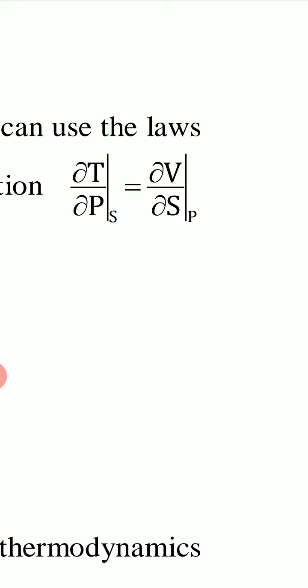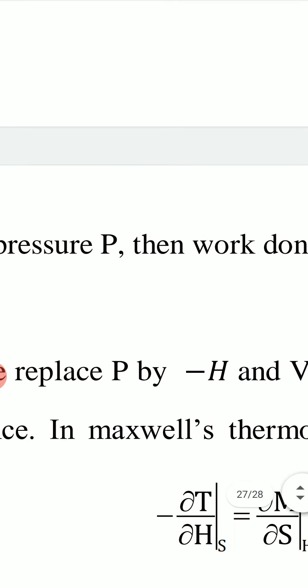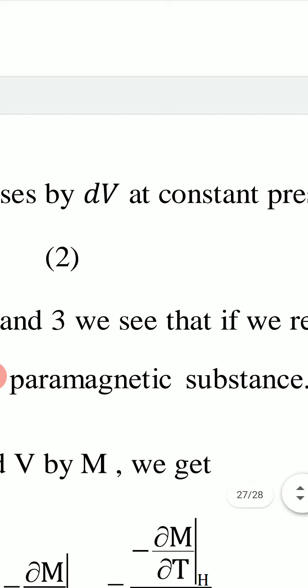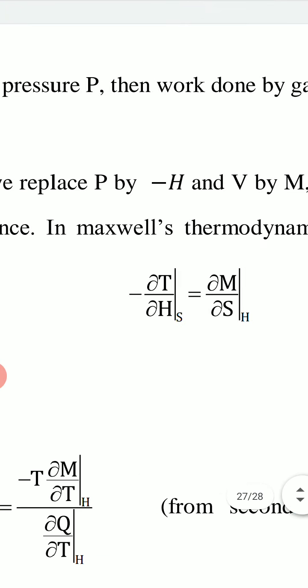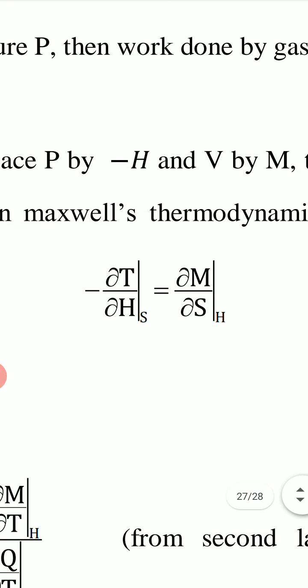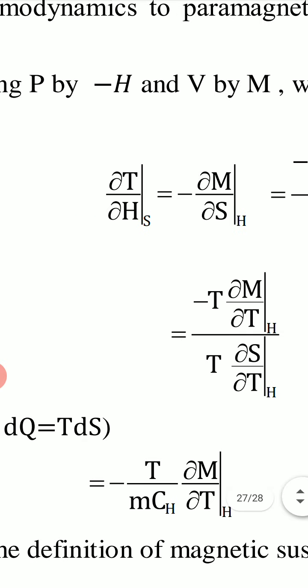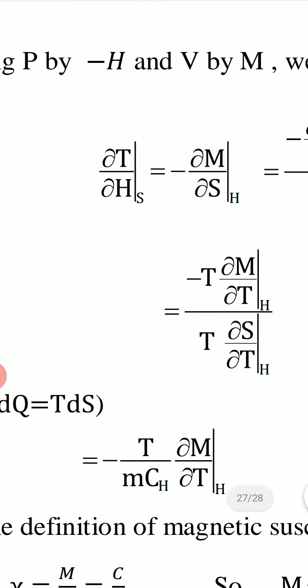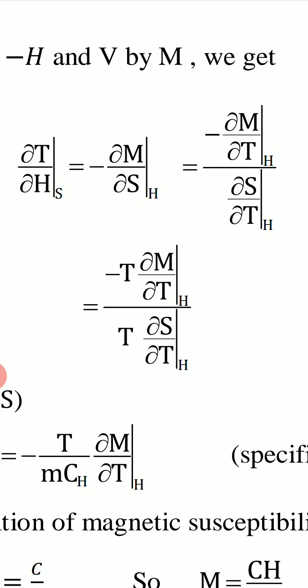So we will use this Maxwell's thermodynamic relation, and in this relation now we replace P by minus H and V by M. Then we get this relation. Delta T upon delta H at constant S equal to minus delta M upon delta S at constant H.